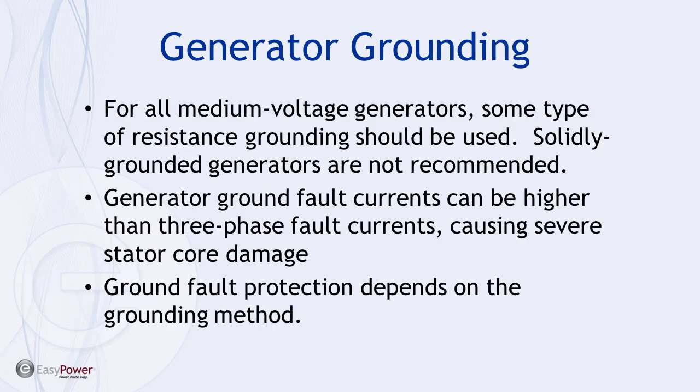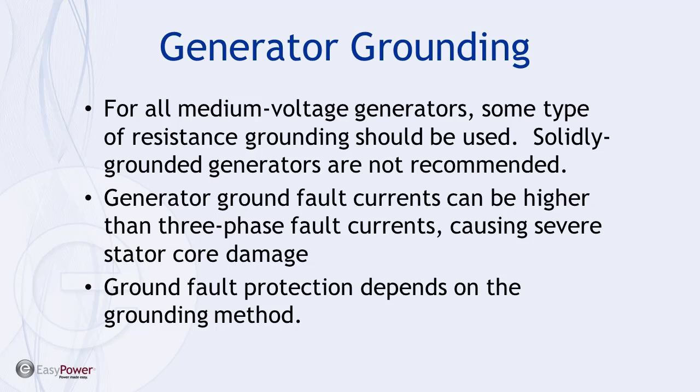Okay, so let's talk now about ground protection, ground fault protection. And before we do that, we need to talk about methods for generator grounding. If we're talking about medium voltage generators, the recommendations of the IEEE and pretty much anyone else is going to be that you use some type of resistance grounding on the neutral of the generator.